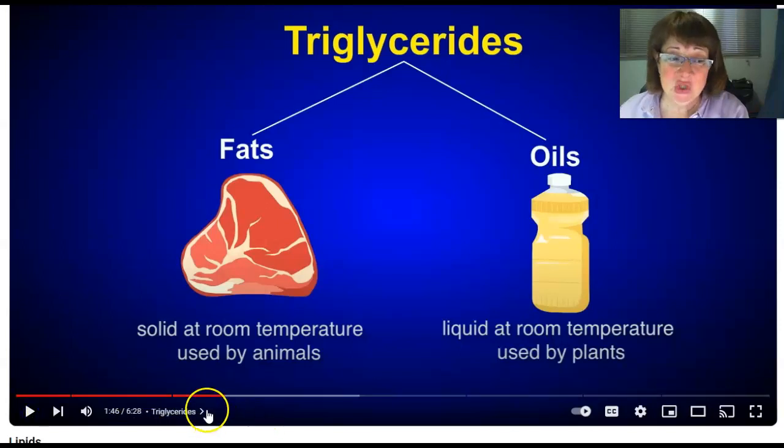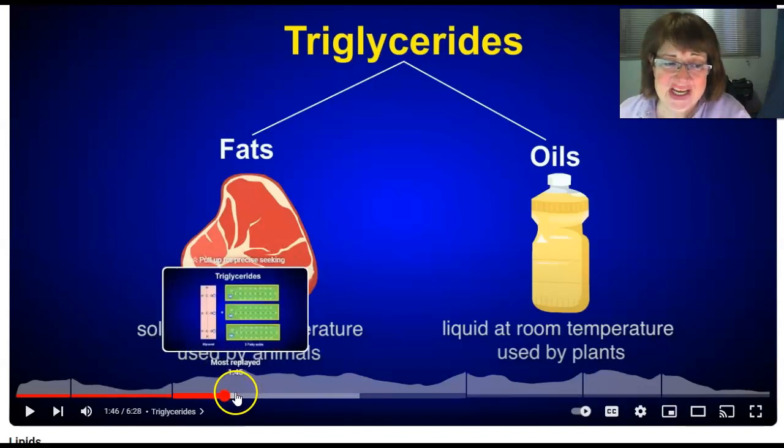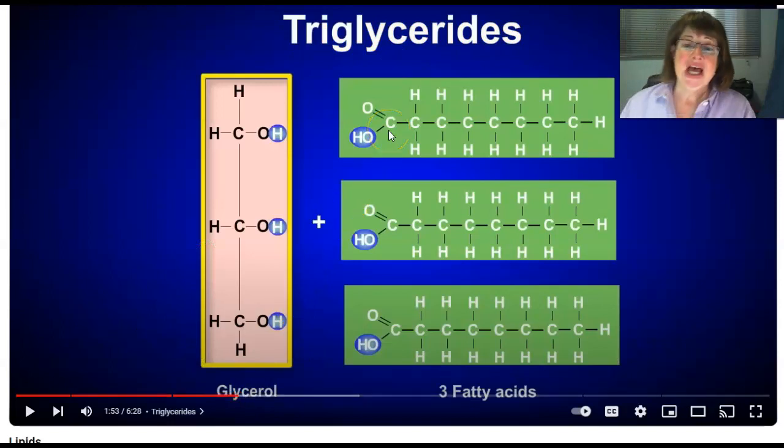Okay, triglycerides are fats and oils, and they actually have a very unique chemical property. Lipids have only carbon, hydrogen, and oxygen in them, but it's the way that it interacts that gives these fats these specific properties.